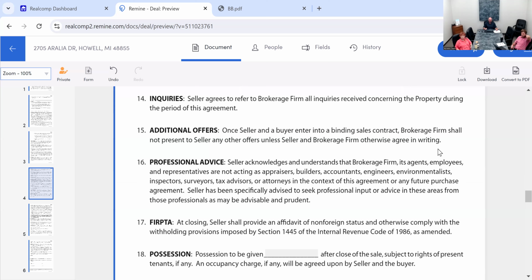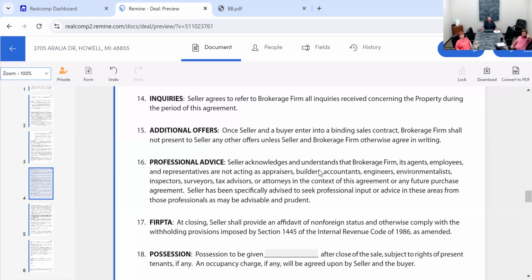The sellers have already agreed to sell it to the one party, and you don't have to potentially disrupt things by saying, hey, we received this other cash offer for $1 million. Yeah.